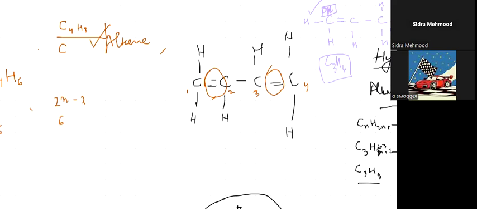Draw it according to alkyne, Wajid. Make a triple bond between one of the carbons. Where are you drawing? There. I made a triple bond.